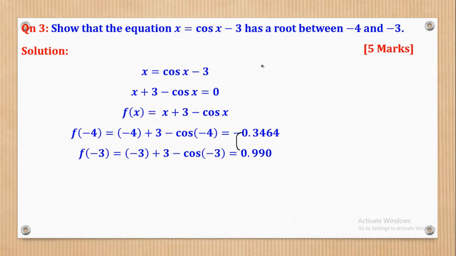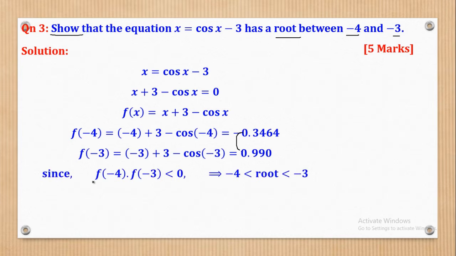Now that change of sign is enough proof to show that there is a root between -4 and -3. So we shall conclude that since f(-4) multiplied by f(-3) is less than 0, it implies that there is a root between -4 and -3.